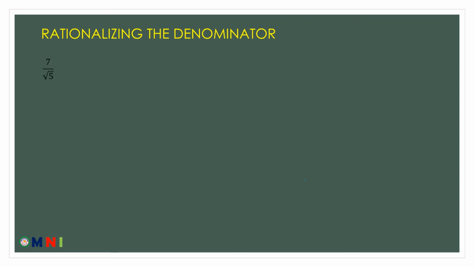Okay, so we have here, for example, 7 over square root of 5. This looks simple, but actually that's not in lowest term or simplified form, because you can see here an irrational number, or a radical number, in the denominator.